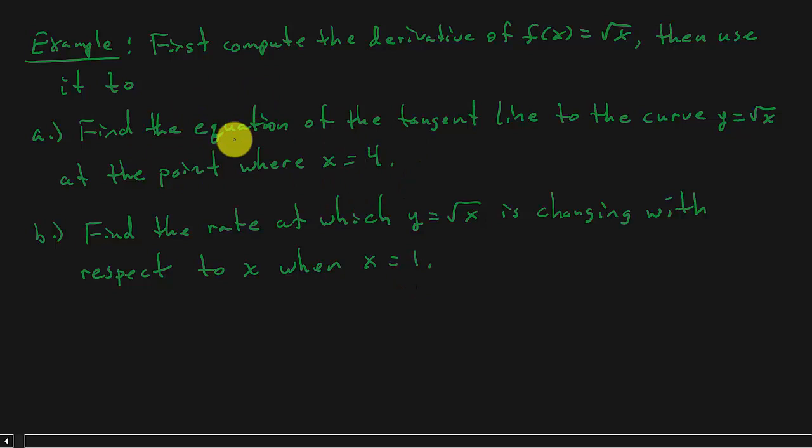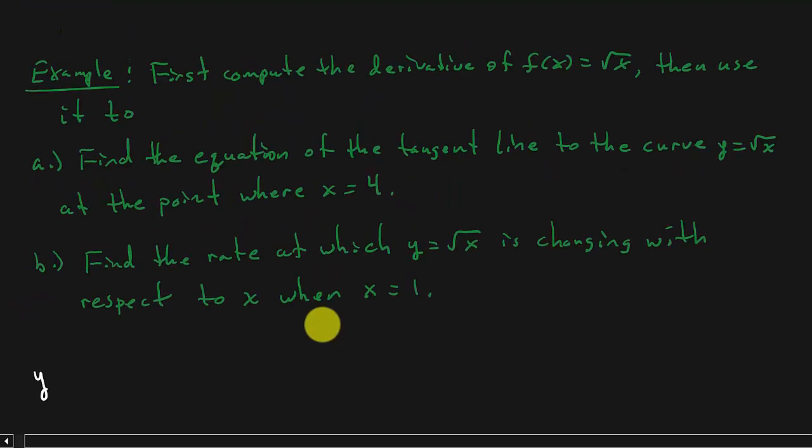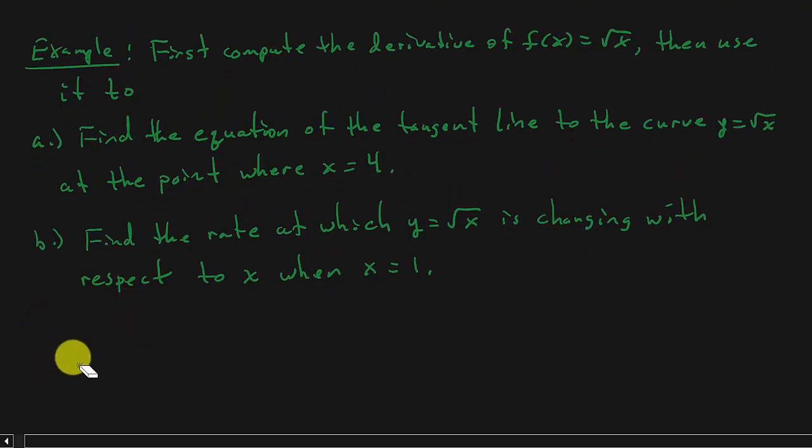Let's do that first. Before we can do a and b, we need to find the derivative. They wrote it as f of x. So we've got f prime of x is equal to the limit as h goes to 0 of f of x plus h. So we're going to take the x plus h and put it in for x. So that's square root of x plus h minus f of x.